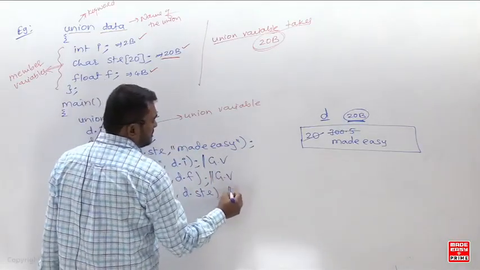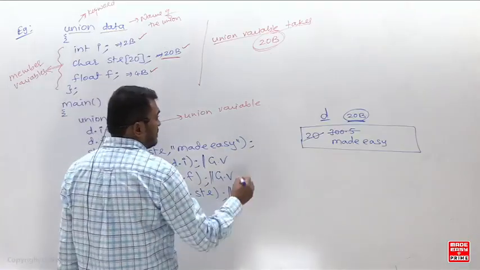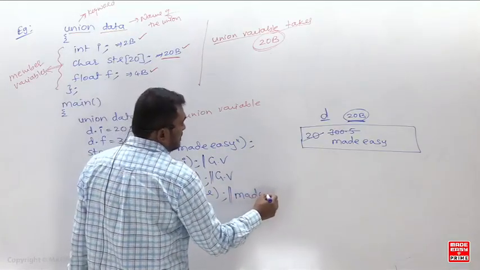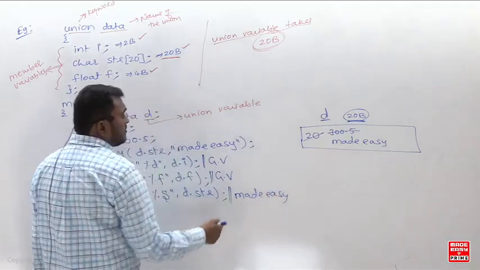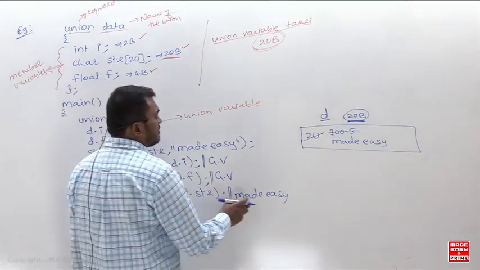Garbage value. And next, percentage s, d dot str. So it will print what? Made Easy, because finally what is there in the memory is Made Easy. So here it will print Made Easy.